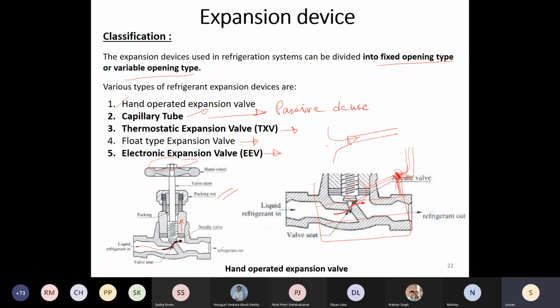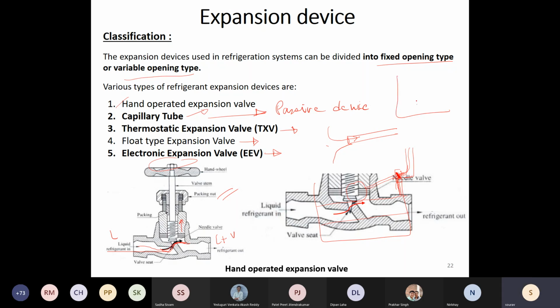So you will have liquid here and you will have liquid plus vapor. And why it is liquid plus vapor on the outlet is because you will have a lot of pressure drop happening as the liquid refrigerant flows through this tiny orifice. Okay, so that will lead to a pressure drop.